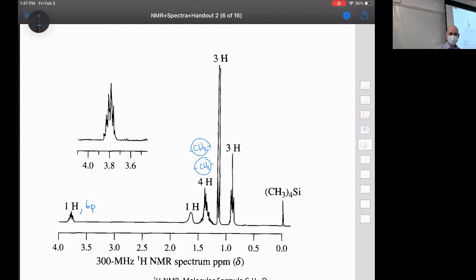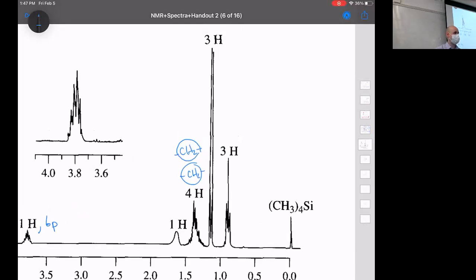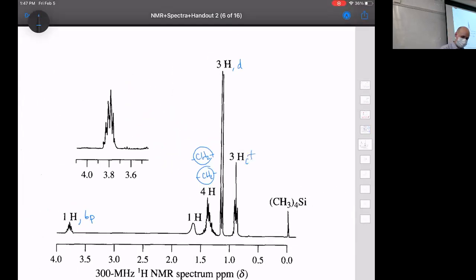And then this thing right here, this is 3H. Can you tell what the splitting is there? Yep, so this is a doublet. And then this one, can you tell what that is? It is a triplet. All right, and then ignore that, that's your 0 thing.